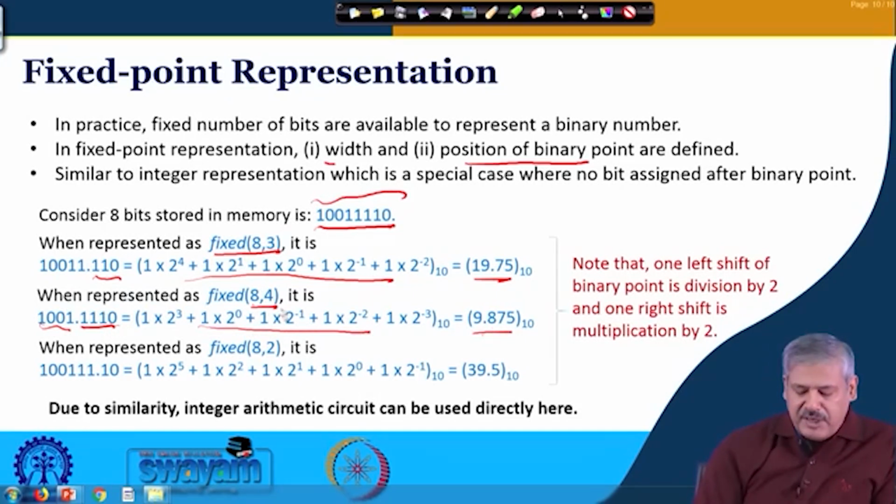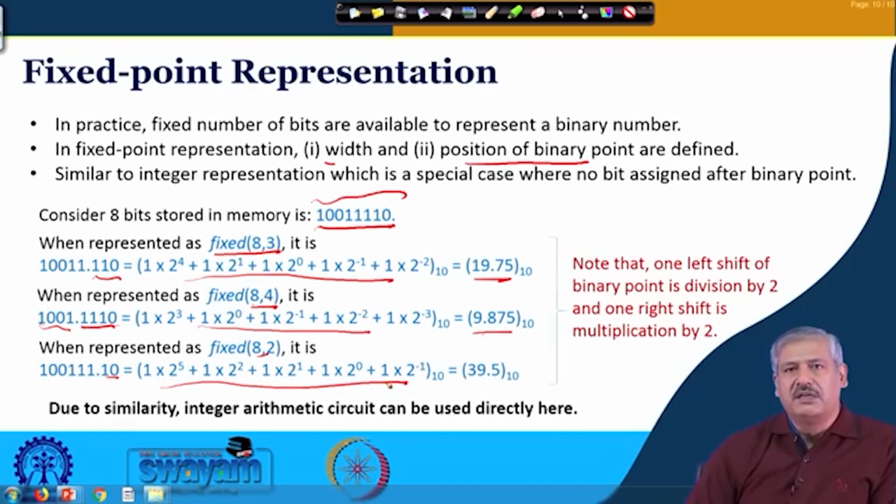And instead if it was 8-2, there would be 2 digits after the binary point, and again if you convert binary to decimal, you get 39.5. So the same number, depending on the number system, has different values in fixed point representation.